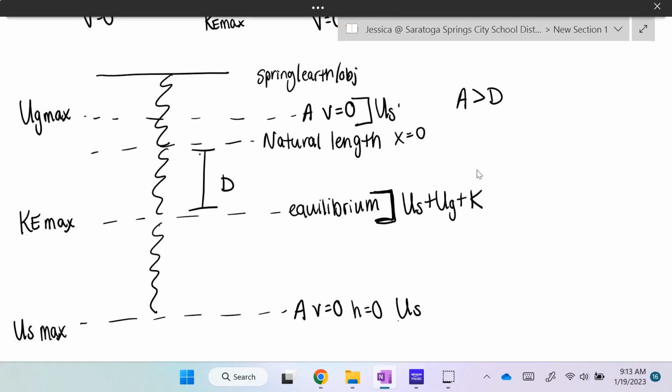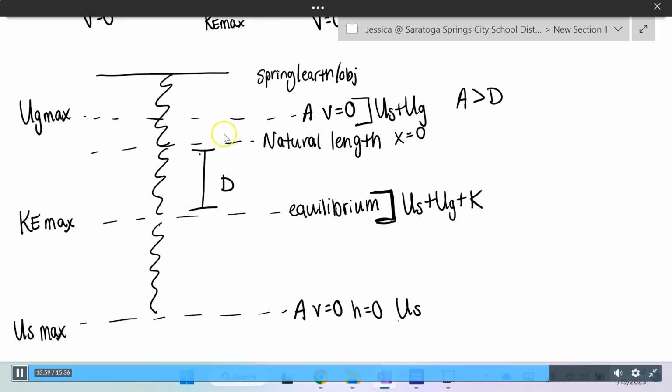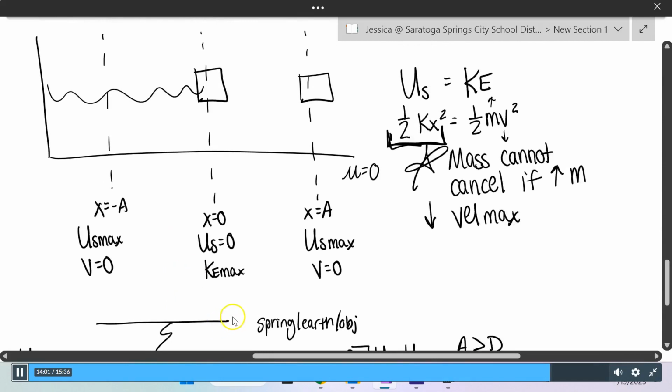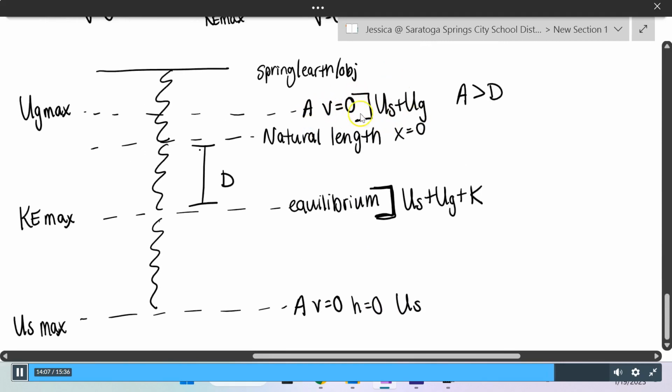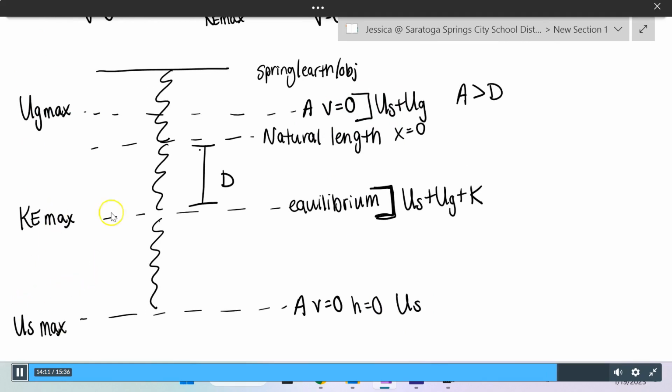And then at the top with UG max, I do have spring potential because I am compressed a little bit from my natural length. So I do have some US and UG at the upper location, where my speed is 0. So I'm oscillating between a combination of UG, KE, and US.